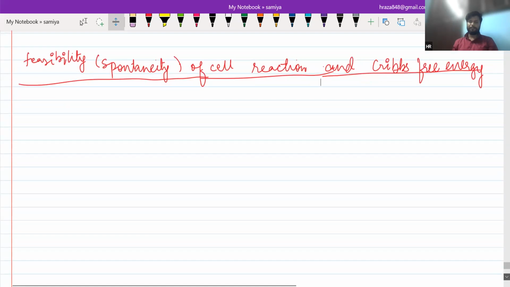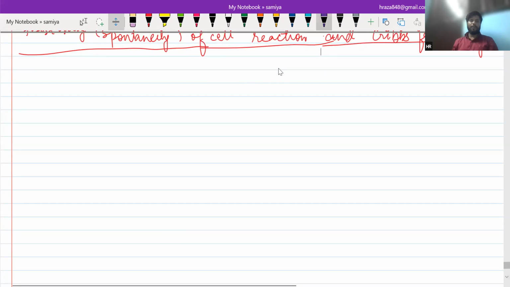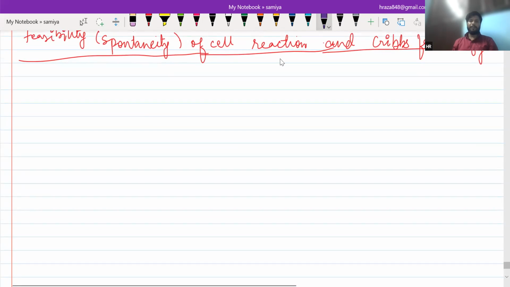Now see, there was a formula in class 11 in thermodynamics. Before that, we know that delta G, if delta G is less than 0, that means the process is spontaneous.